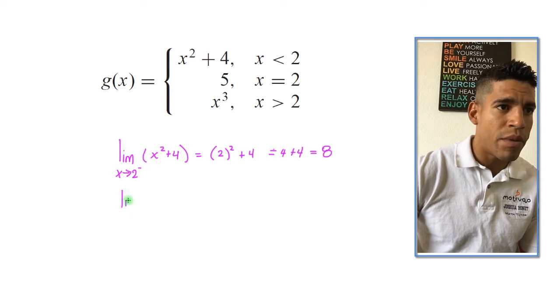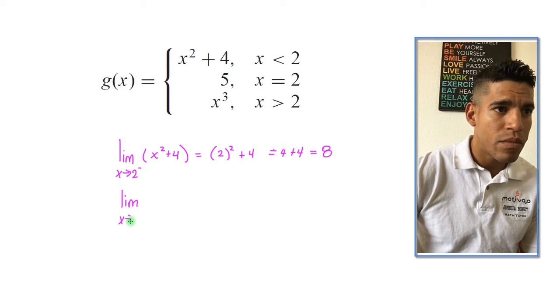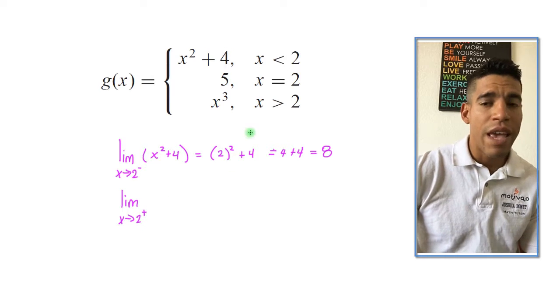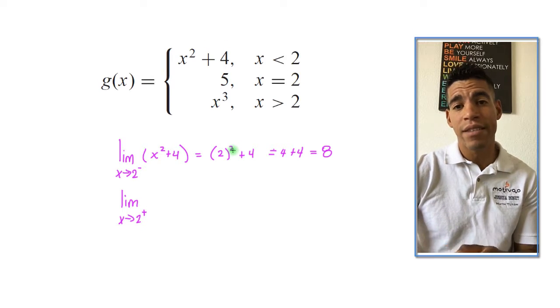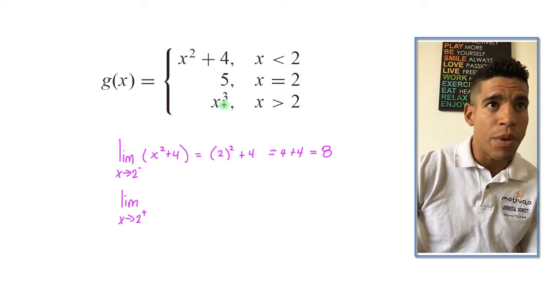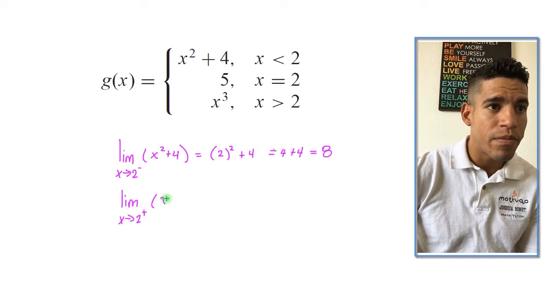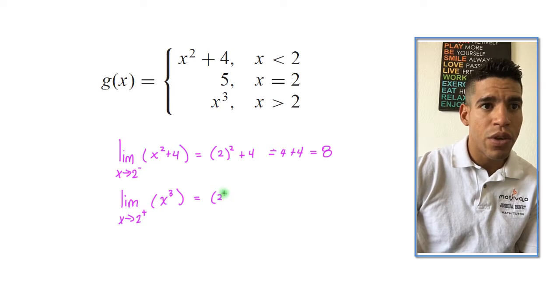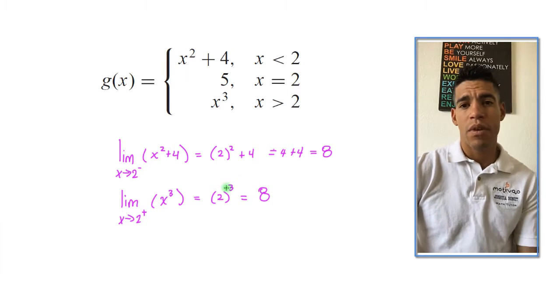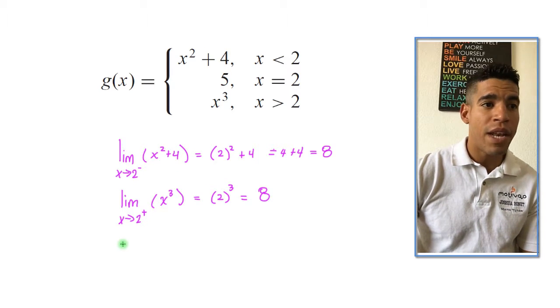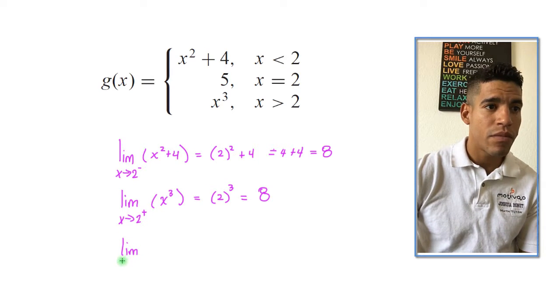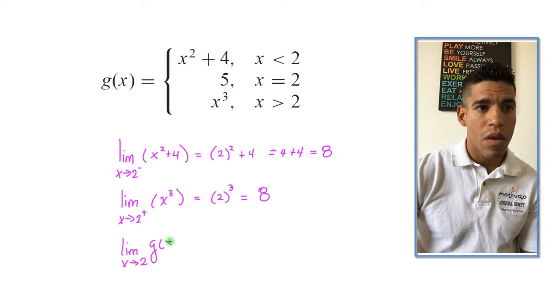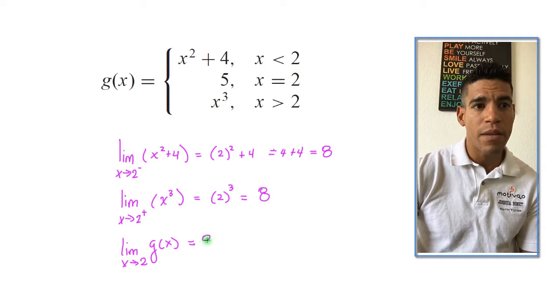Now, the limit from the right of 2: if it's to the right, it means that x is greater than 2, so it'll be x cubed. If we plug in 2, we get 2 cubed, which is 8. So notice that the limit exists and is equal to 8.